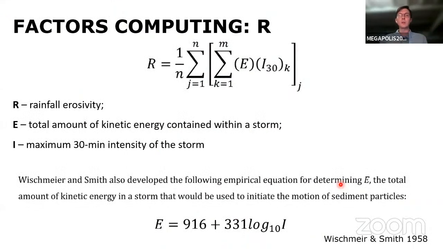So let's talk about the factors and how we can calculate them. Initial equations are of rainfall erosivity, the R factor. It was based on the maximum 30-minute intensity of the rainstorm. Of course, this data is something really rare nowadays.